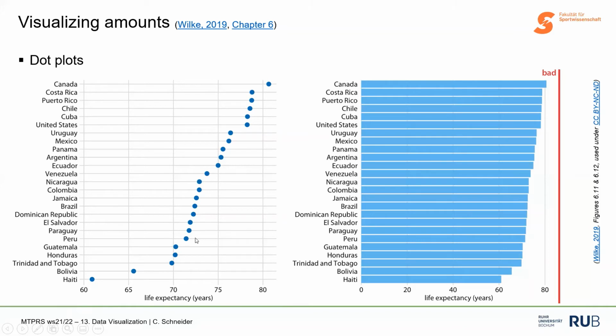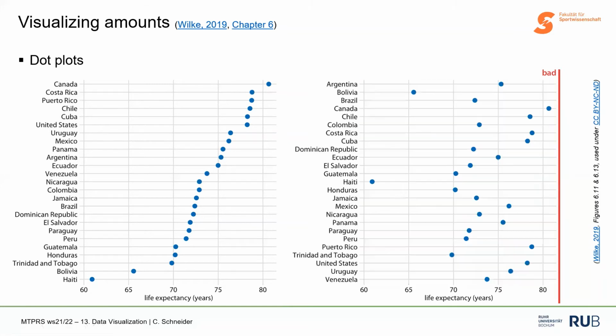And therefore, looking from left to right, it's probably a better choice in this case to display amounts in terms of dot plots and get rid of all the color on the right-hand side, which is probably just a waste of space and a waste of digital ink, basically.